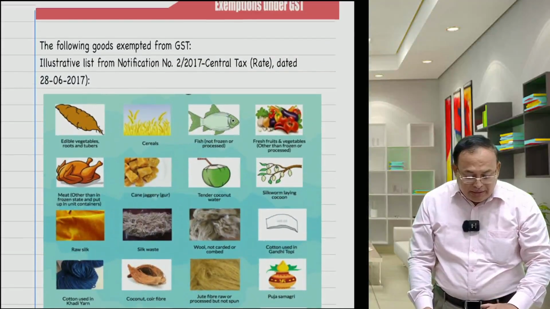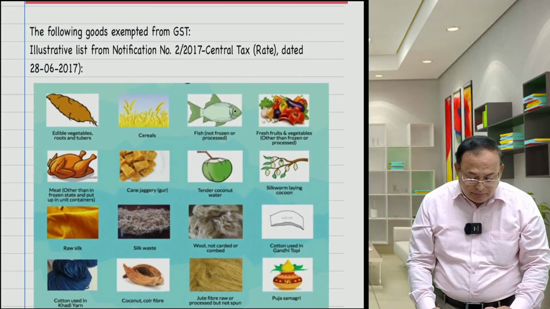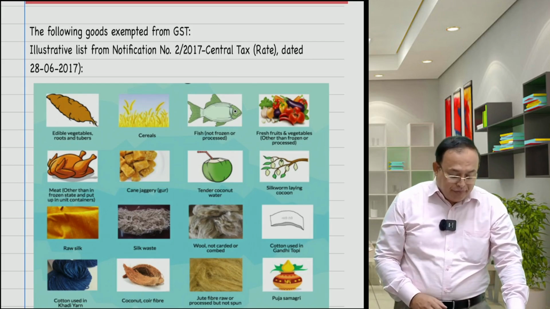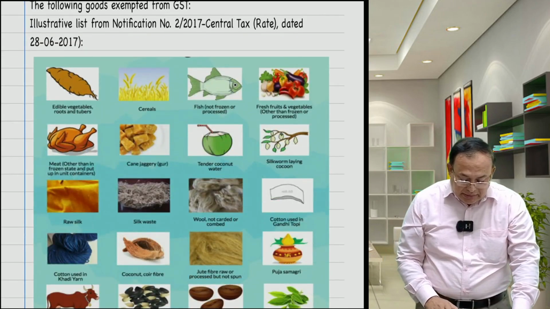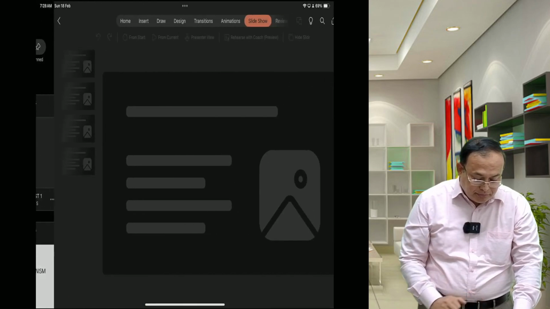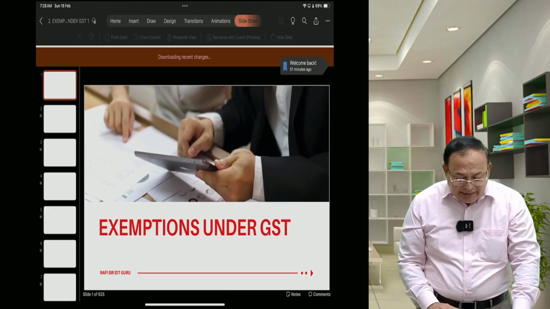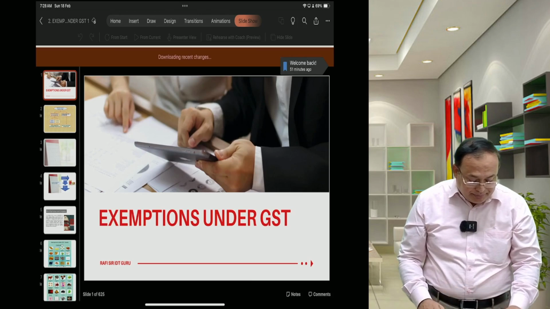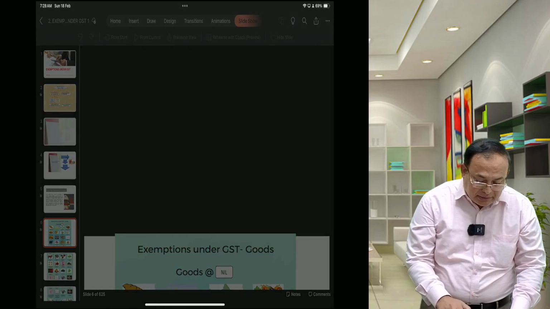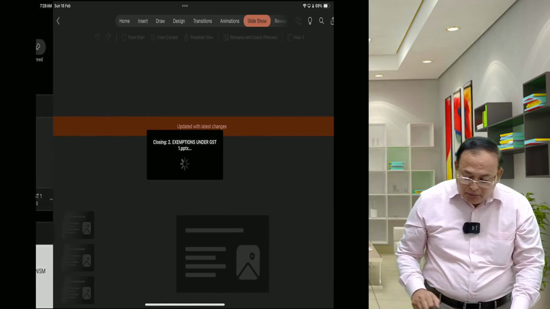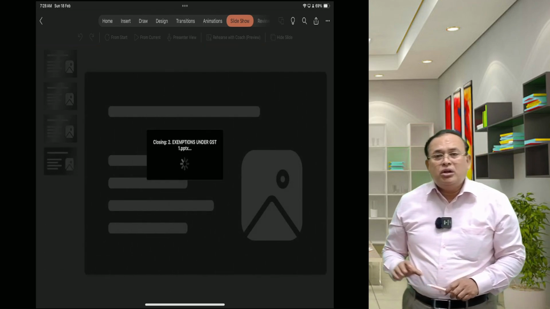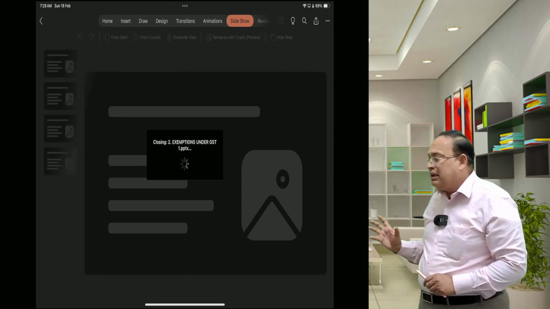Now coming to, my dear friends, the exempted supply of goods. When you refer to the exempted supply of goods, I am presenting now with some more clarity.